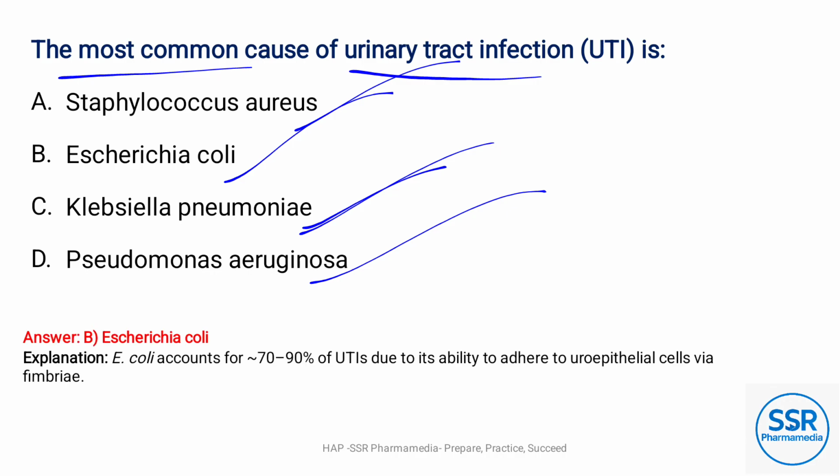So the answer is option B, Escherichia coli. E. coli accounts for 70 to 80% of UTIs due to its ability to adhere to uroepithelial cells via fimbriae.